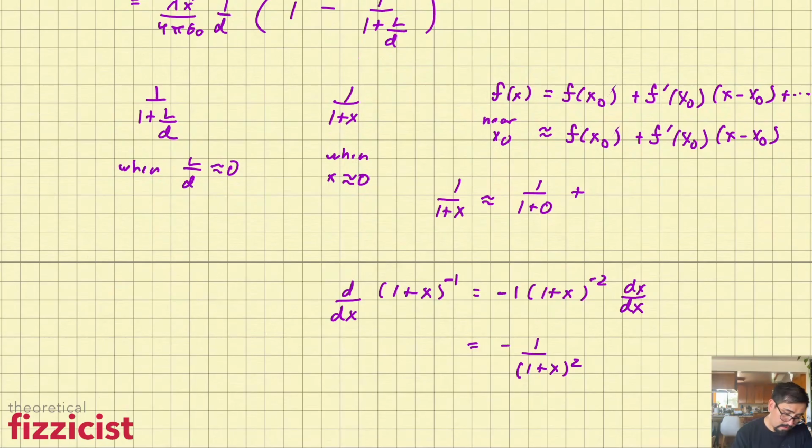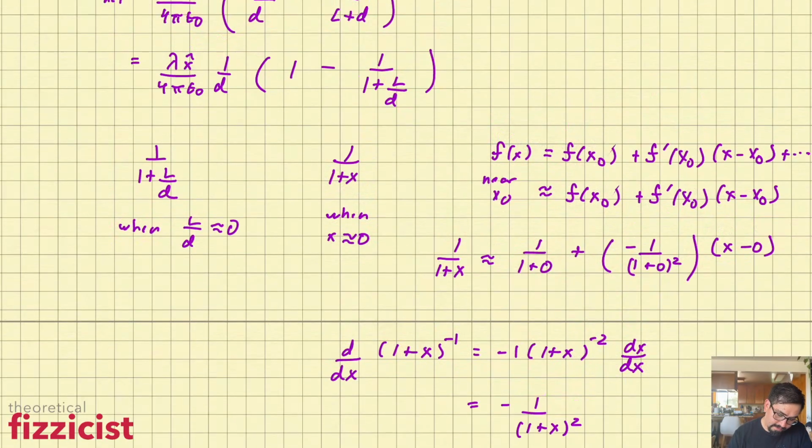Excellent. So now we have the f prime expression from our Taylor series. Now we just have to plug in a 0 right there. So we get a negative 1 over 1 plus 0 quantity squared right here. And then finally we have an x minus 0 over here. So let's go ahead and highlight the relevant terms so we're keeping track of our approximation.